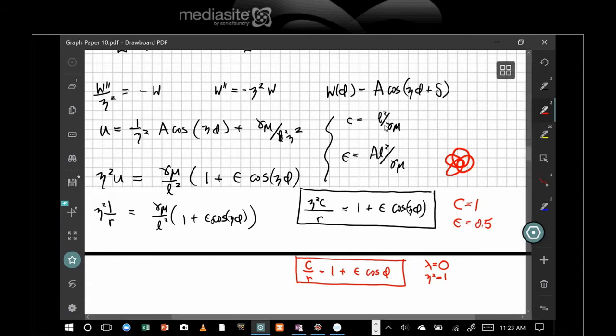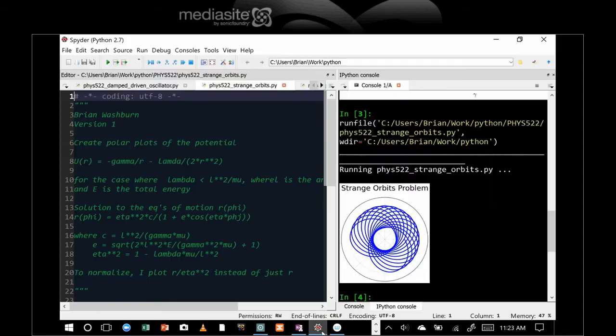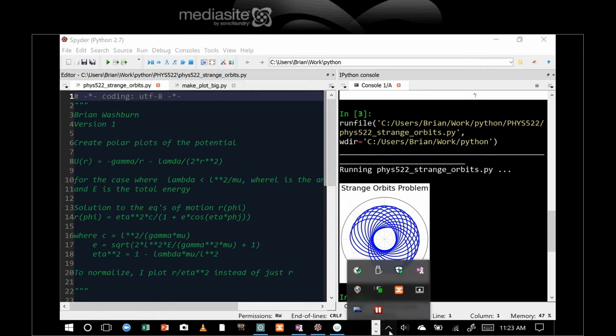So we can plot these trajectories, and I have code in Python called Physics 522 Strange Orbits.